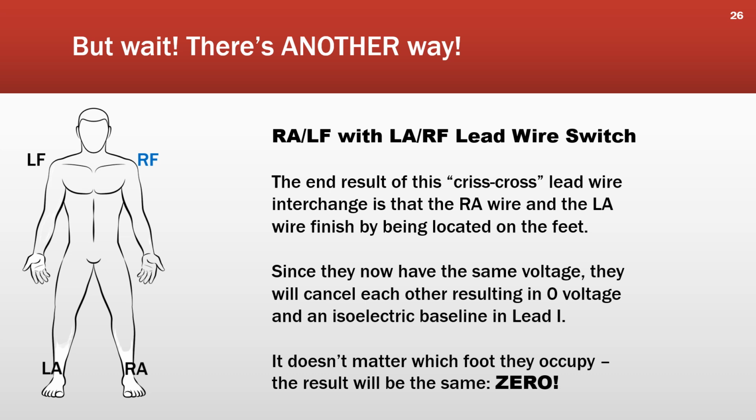You'll notice now they're on opposite feet than they were previously. But since they now have the same voltage, they're going to cancel each other, resulting in 0 voltage, and an isoelectric baseline will result in lead 1. Again, it doesn't matter which foot they occupy, the result will be the same, 0 voltage.